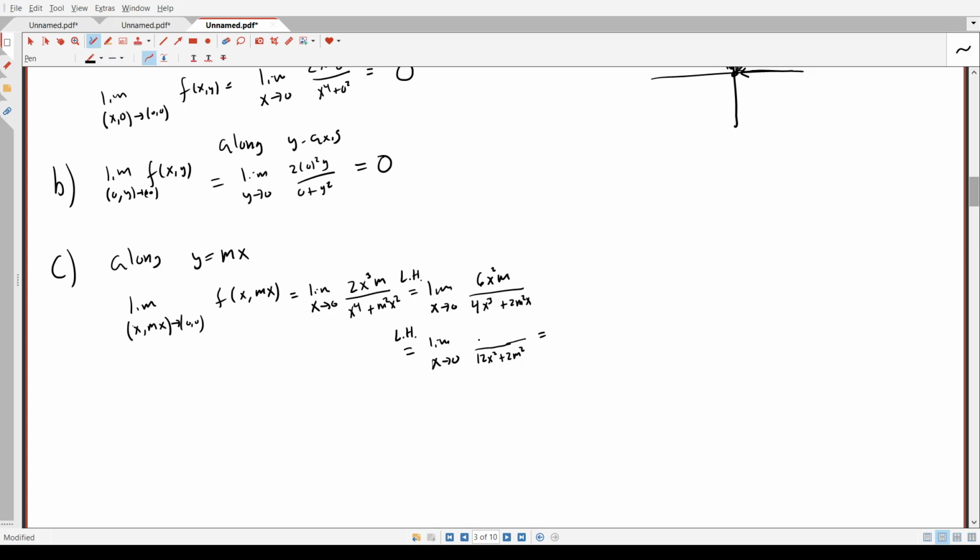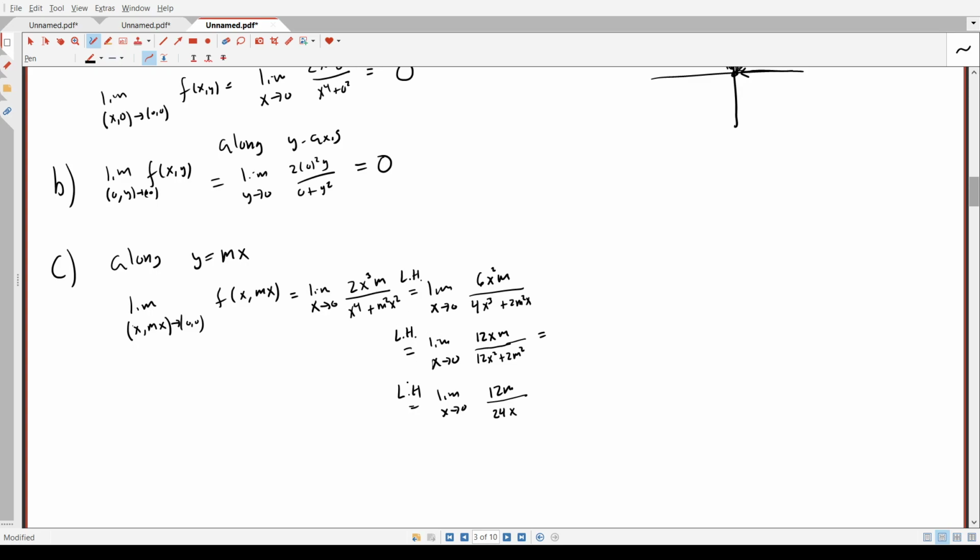So I do the derivative, I get 12xm, and I do the derivative one more time, and I get 12m over 24x. Right?